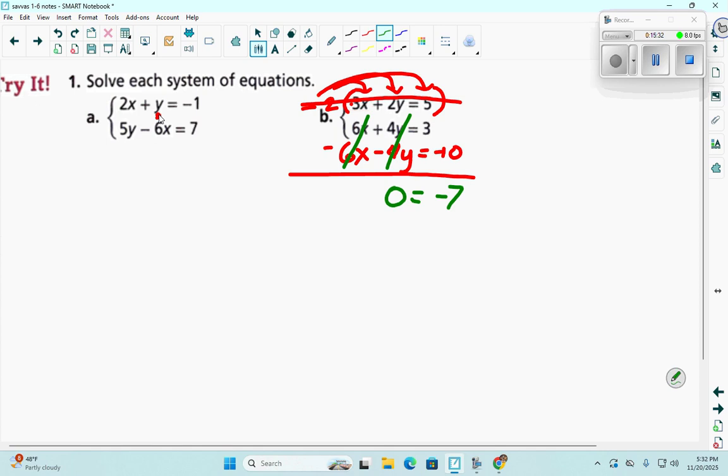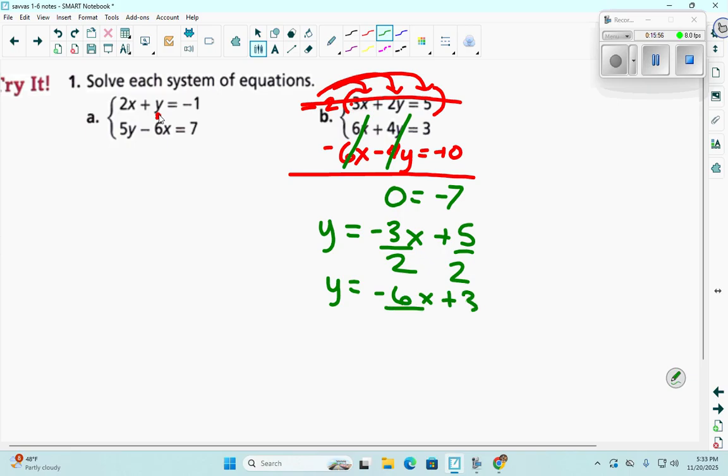If I solved that and got the y by itself, and moved the 3x over to the other side, it would make it a -3x, and scooted my 5 over, and then divided everything by 2, I can graph this equation. Same thing with the next one, so if I got the y by itself, and moved the 6x over, scooted my 3 over, and then divided everything by 4, I can graph that one.